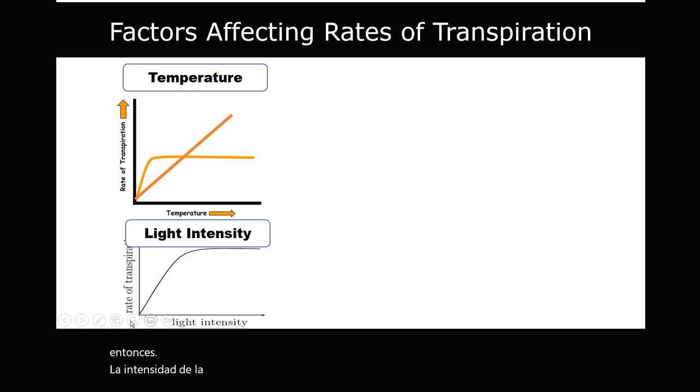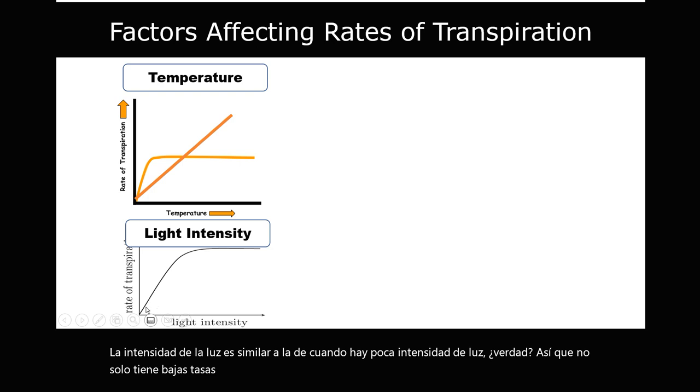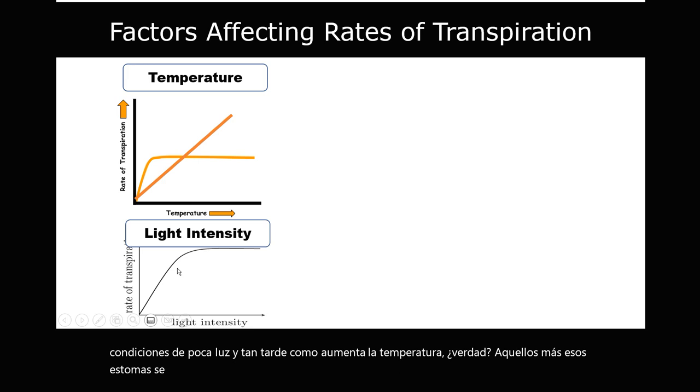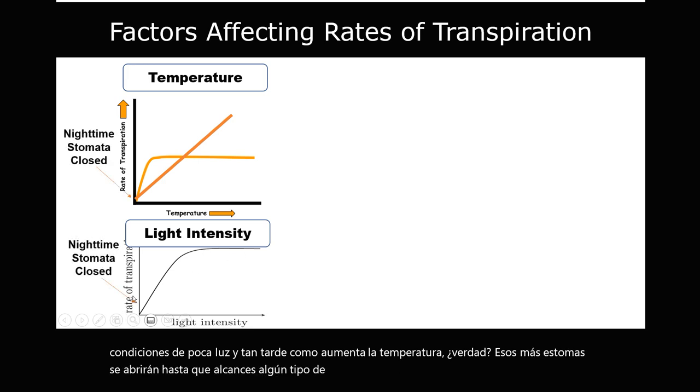When there is low light intensity, not only do you have low evaporation rates, but probably your stomata are closed under low light conditions. As light increases, as temperature increases, those stomata are going to become open until you hit some sort of maximum. In this instance, the stomata are open, but this looks like one of the graphs that you saw in 2.5.